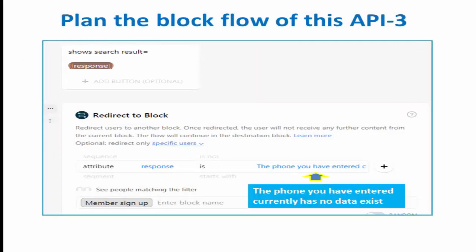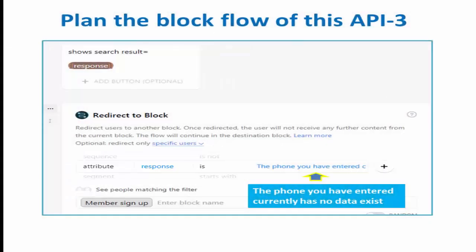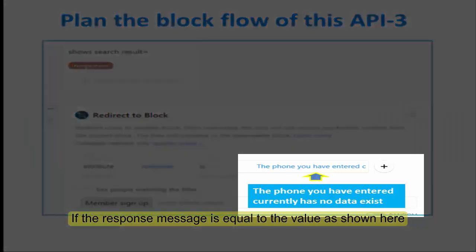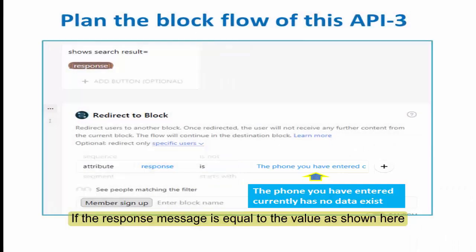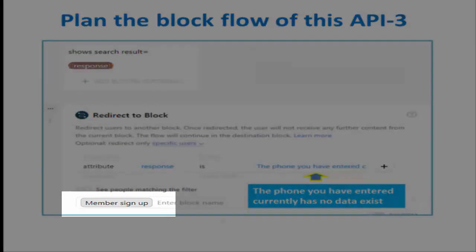Next, we need to use the user attribute response to determine whether the response is correct or not and lead to separate blocks. If the response message is equal to the value shown here, it indicates that the phone number entered by the user is not in our spreadsheet, so it should be directed to the member sign up block.